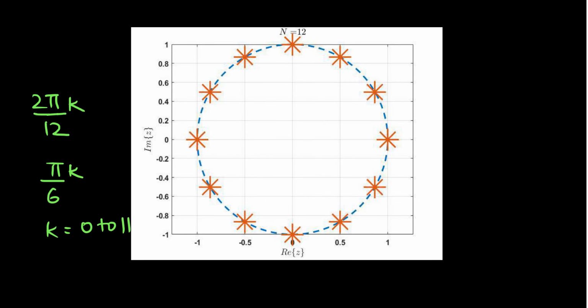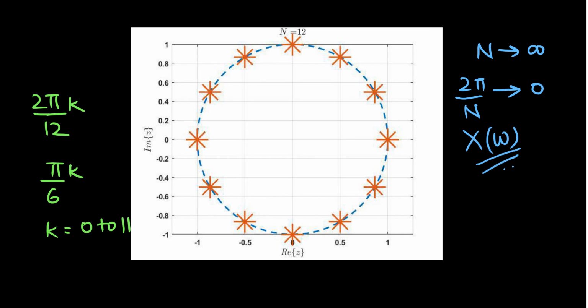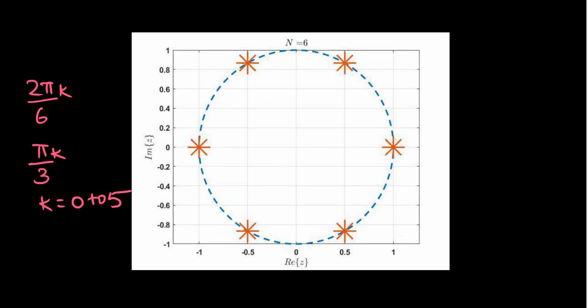So as n tends towards infinity, this interval 2 pi by n would be approaching towards 0, and again we would be getting a continuum, and therefore we would retain back our x of omega. So at n tending to infinity, we are again going to get back our original discrete time Fourier transform, to be more specific.